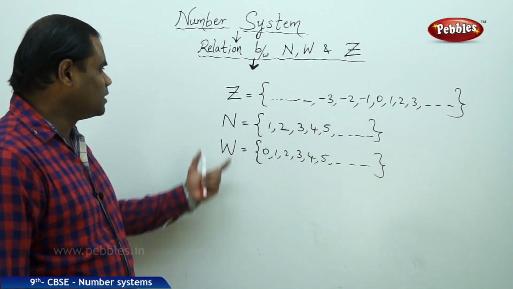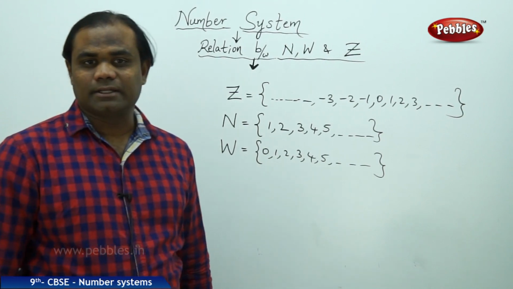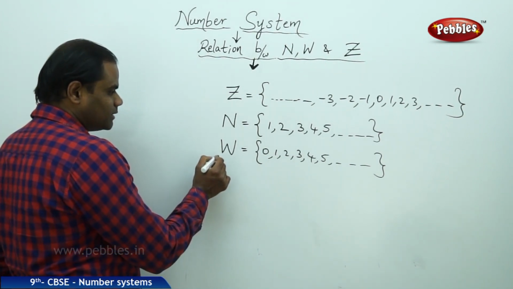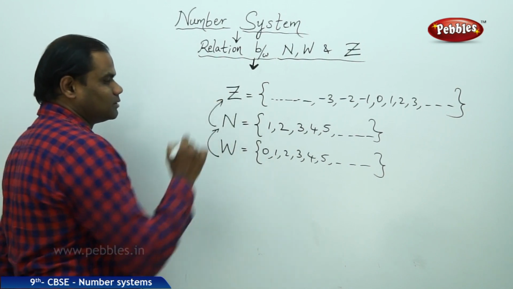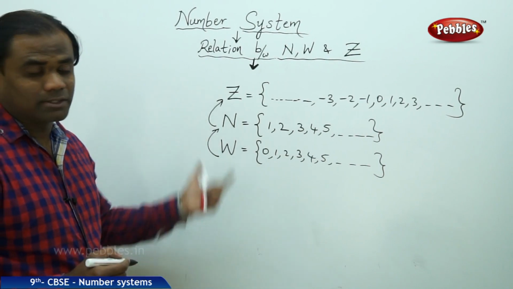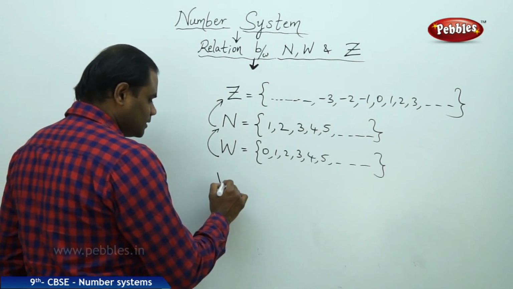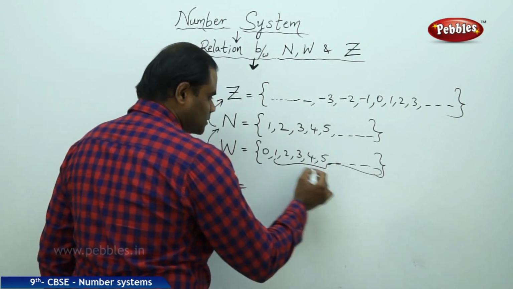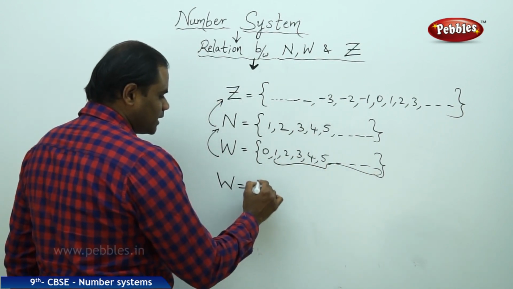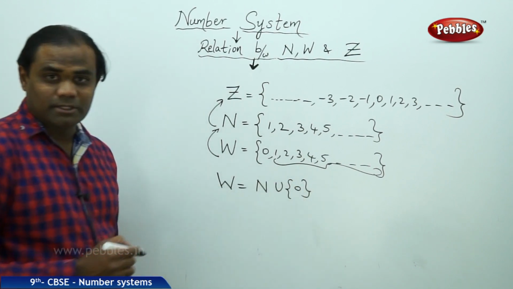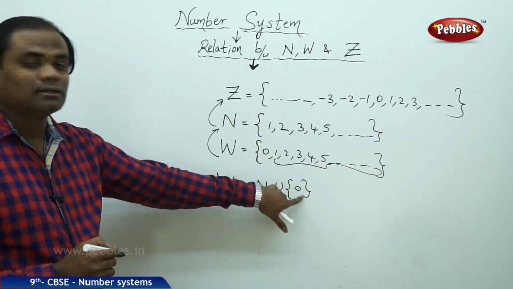Now let's see what is the relation between Z, N and W. Let's start from W, then N, and then Z, and make a relation between W, N and Z. I clearly see that W is all natural numbers including 0. So I can write this as N union the singleton {0}.